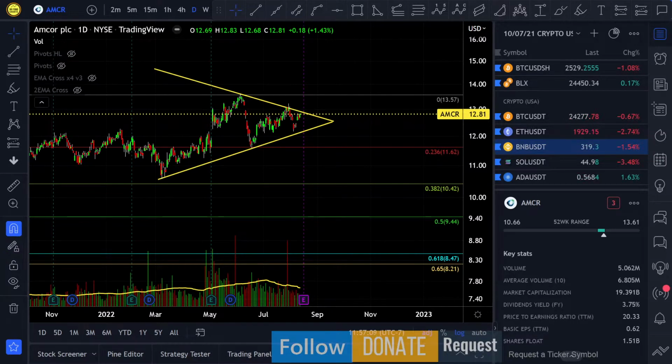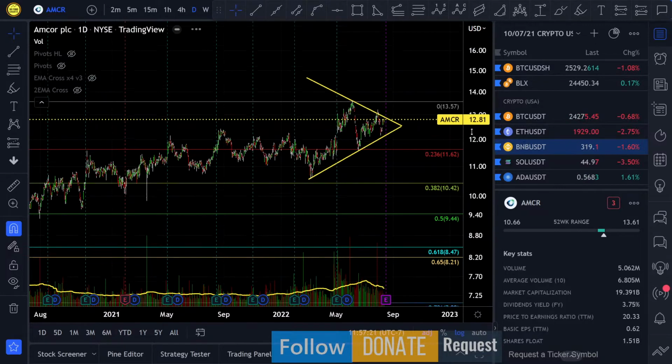So AMCR, the stock, is not really correlated with any of the major indexes itself in the past 30 days. That's not that significant. So it's just going to kind of go on its own with the earnings.